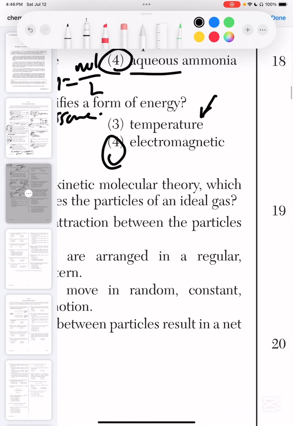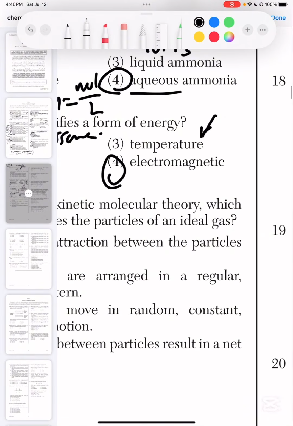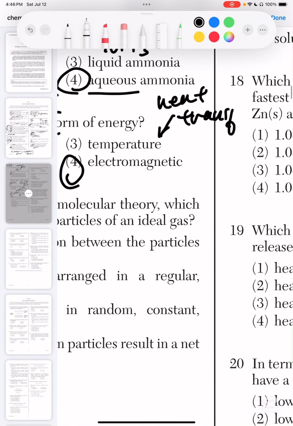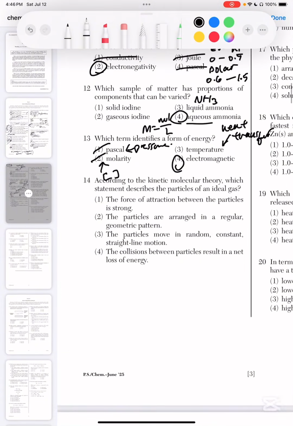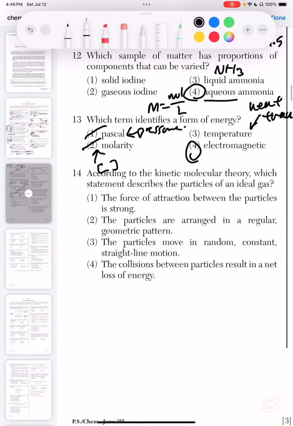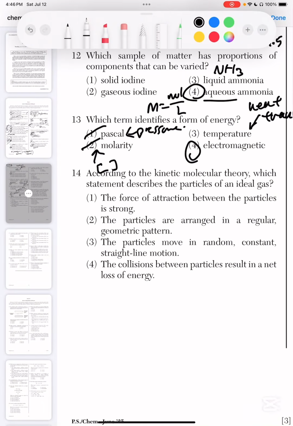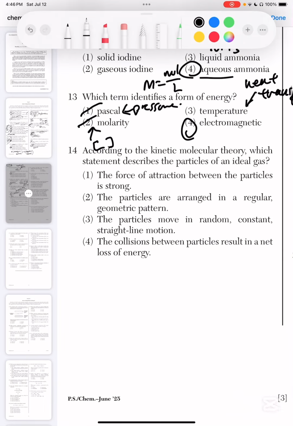This is heat transfer. And electromagnetic energy would be the one that makes the most sense.